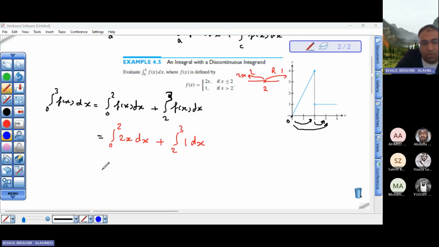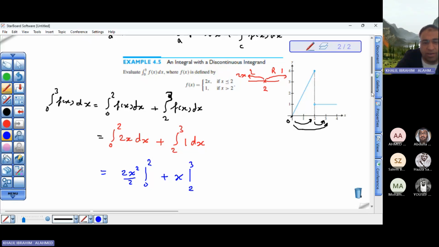Everything is clear now. We integrate 2x squared over 2 from 0 to 2, plus the integral of 1. What is the integration of 1? Who can tell me? Integration of 1 is just x, 1 times x, from 2 to 3.